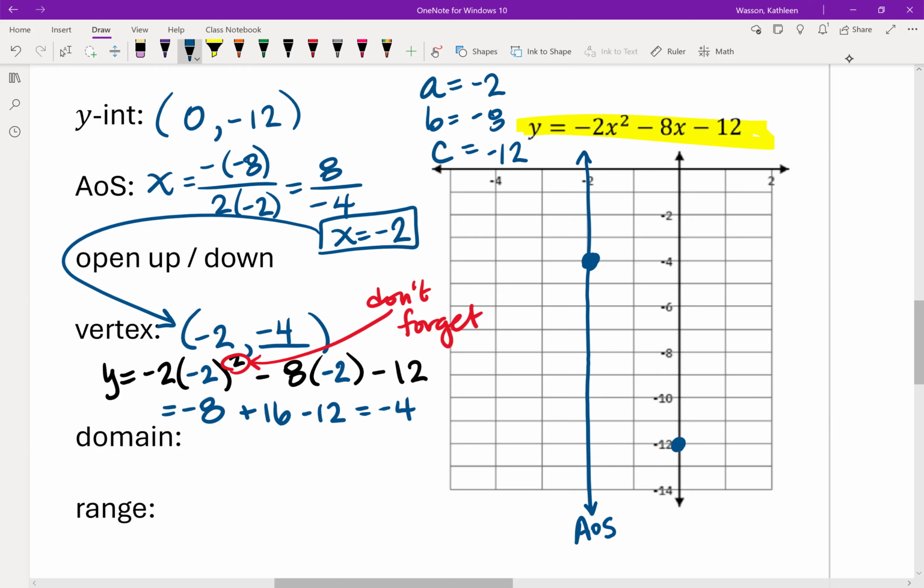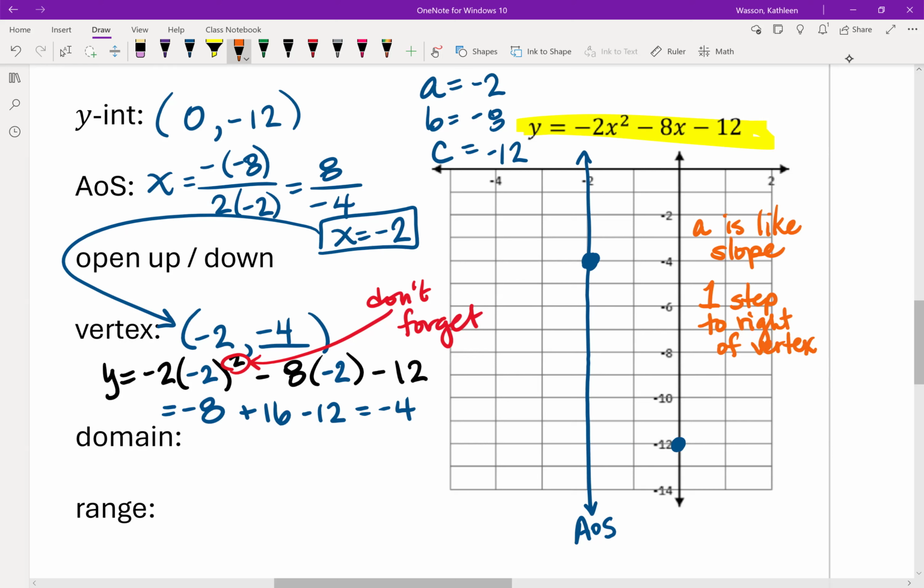I can use A like slope one step away from the vertex. One step to the right of the vertex.